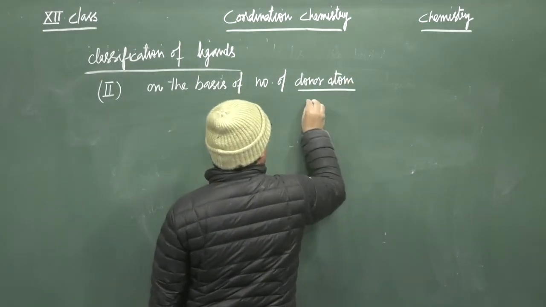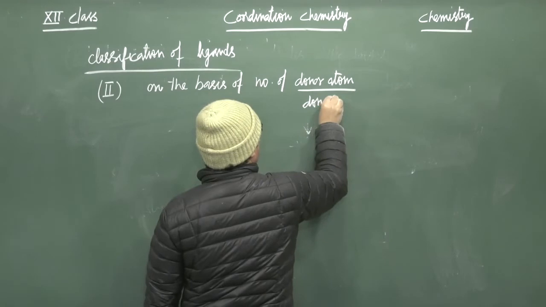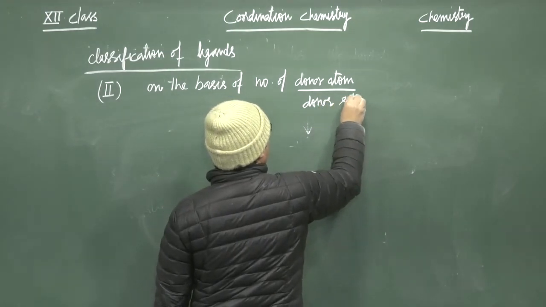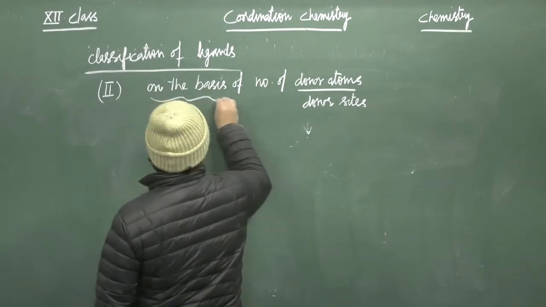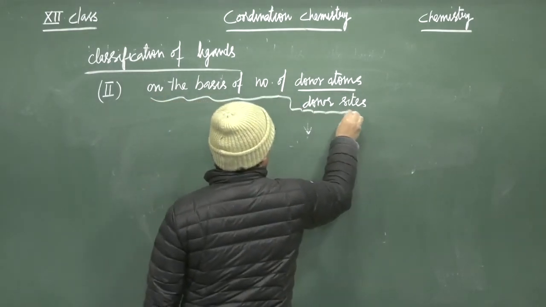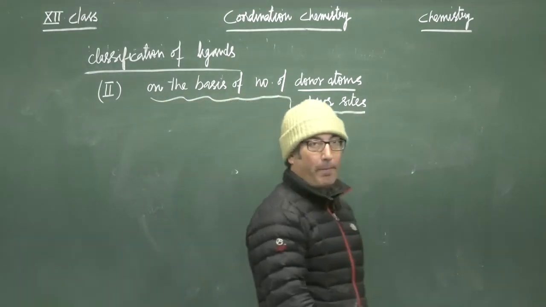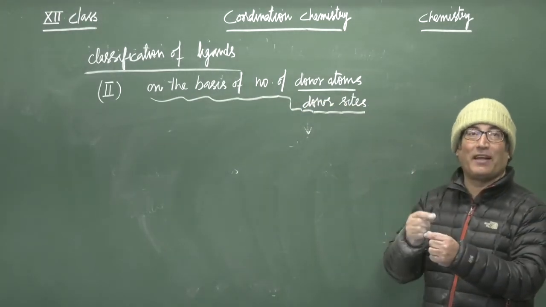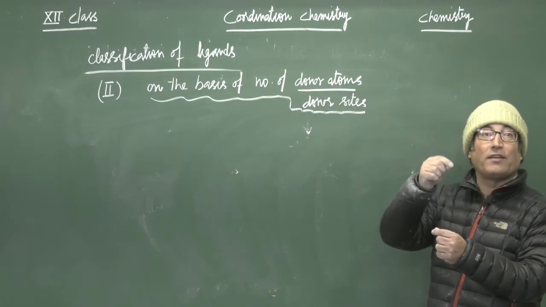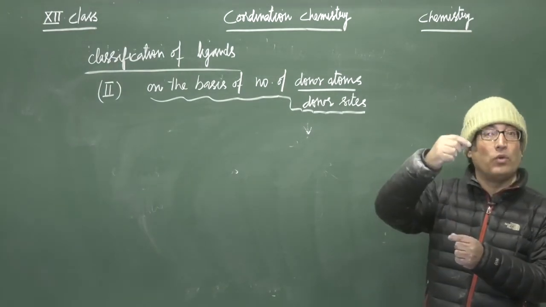The other name for donor atom is donor site. How many donor sites, how many atoms a ligand has which contain an electron pair that it can donate.